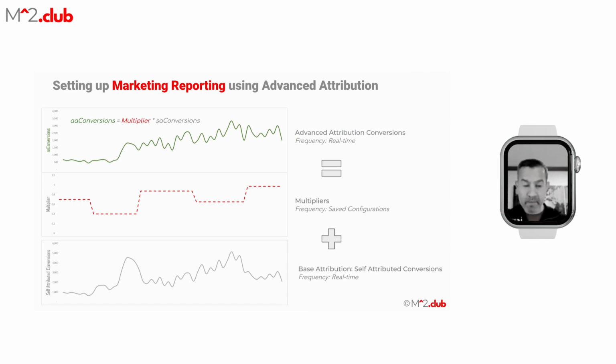The concept is fairly straightforward and simple. Now, if you can build a reporting system that encapsulates this triad for every channel, the platform reporting, the multiplier, and the combination that gives you the advanced attributed conversions or revenue, and you compute it for every channel, Facebook, AdWords, podcast, TV, and so on, you can then combine them to create cross-channel reporting.